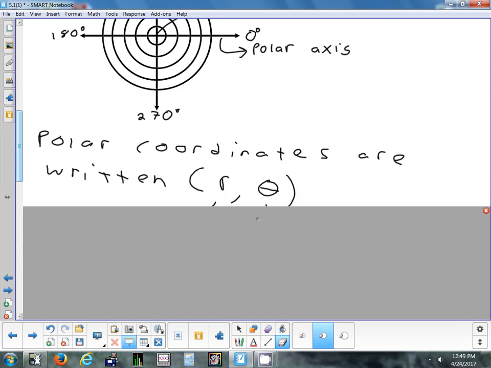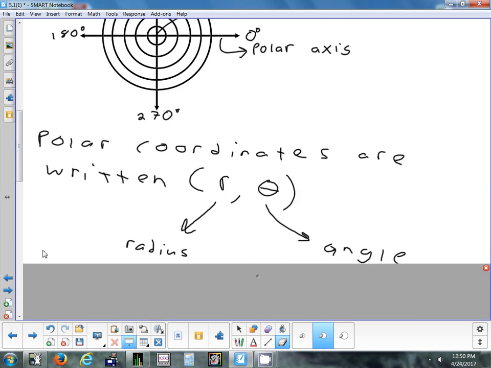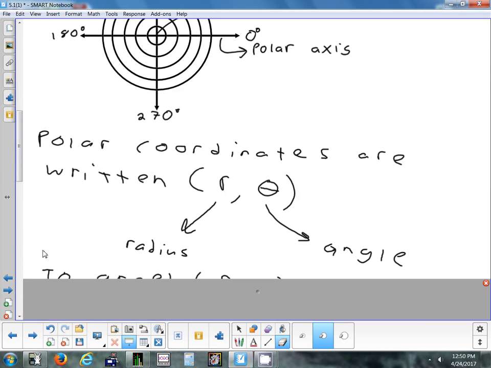A radius and an angle. Now the radius can be positive or negative, and that'll change how you graph it, and the angle can be positive or negative, and that also has an effect.